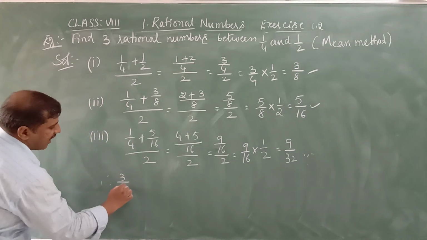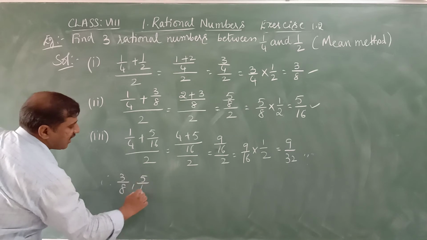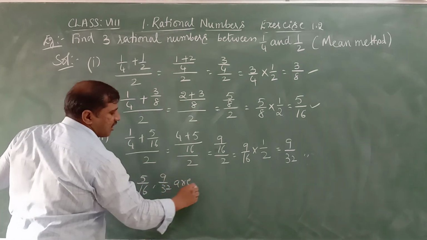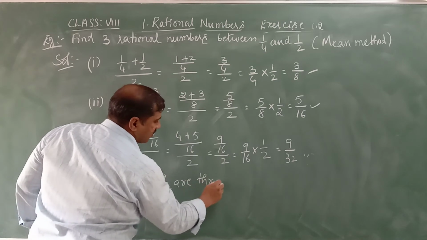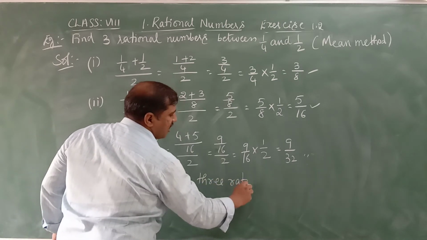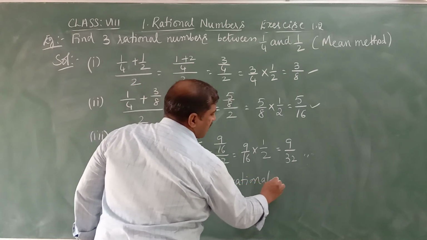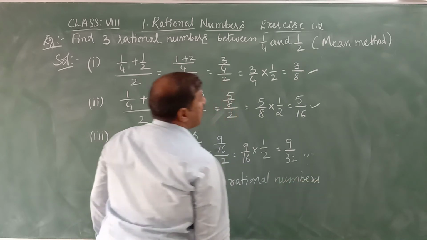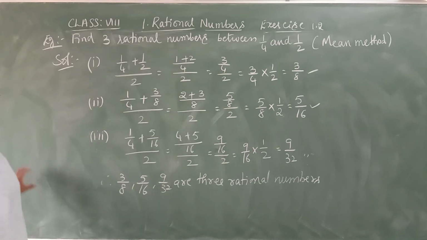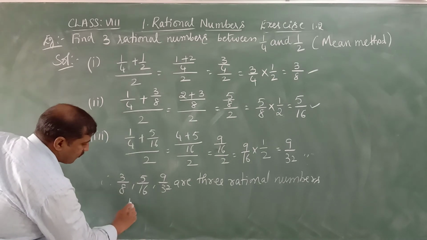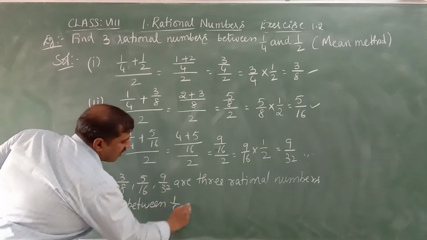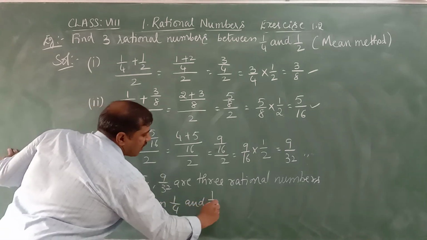Therefore 3 by 8, 5 by 16 and 9 by 32 are three rational numbers between 1 by 4 and 1 by 2.